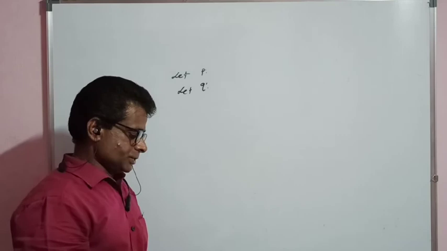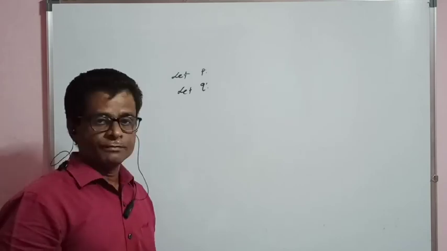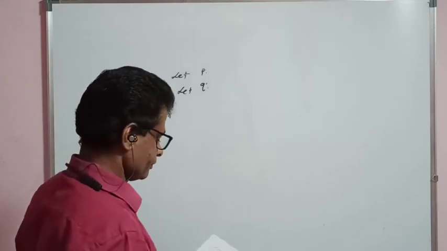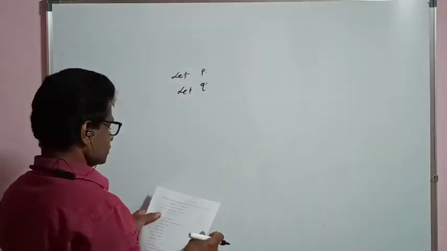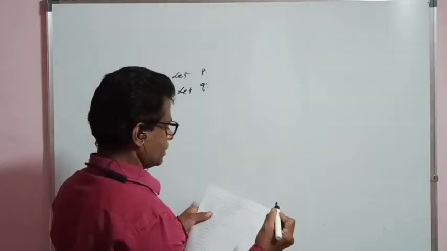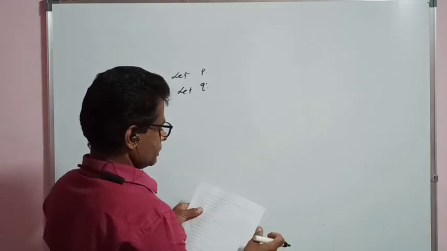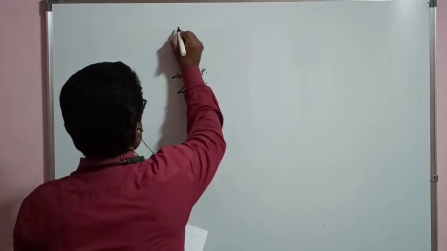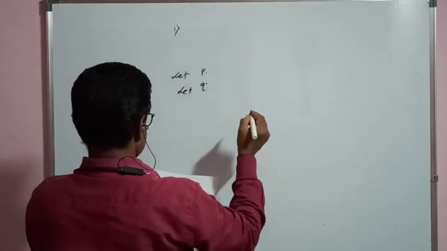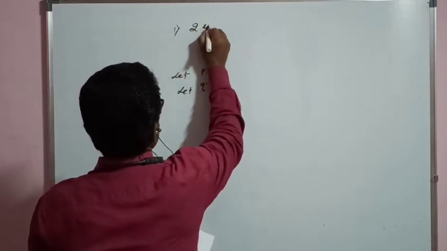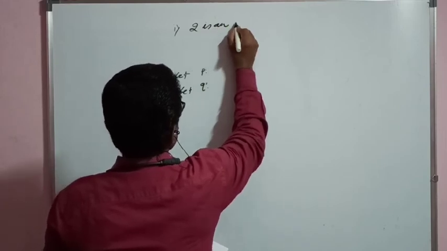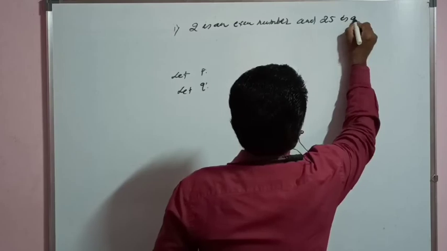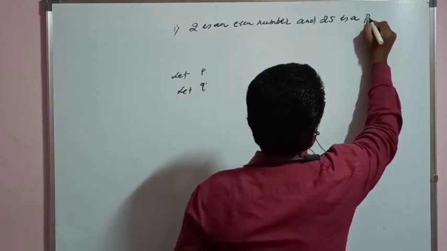Now let us consider some compound statements and represent those compound statements in their symbolic form. Express the following compound statements symbolically without examining the truth values. The first example: 2 is an even number and 25 is a perfect square.